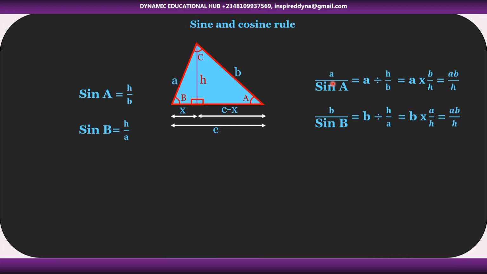A over sine A is AB over H. B over sine B is also AB over H. And when you do that for C over sine C, you are still going to get AB over H.